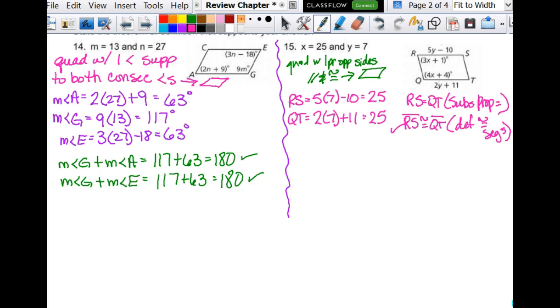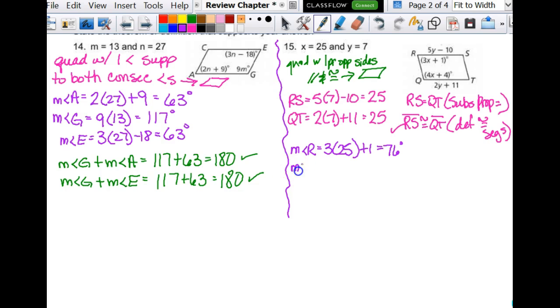So then I have to show that that same pair is parallel. So we have to find the measures of the angles. Measure of angle R is equal to 3 times 25 plus 1. So that's going to be 76 degrees.